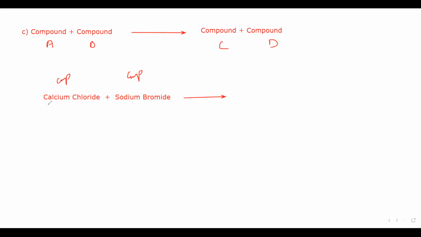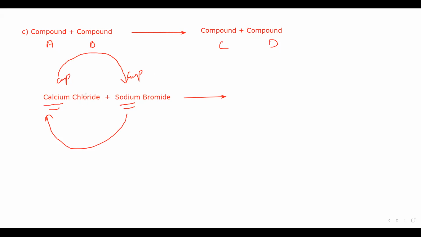It means calcium, the first part of compound A, will take the position of the first part of compound B. So calcium will take the position of sodium, and what happened to sodium? Sodium will take the position of calcium. So it's called a double displacement, like the two atoms displace each other in the compounds.